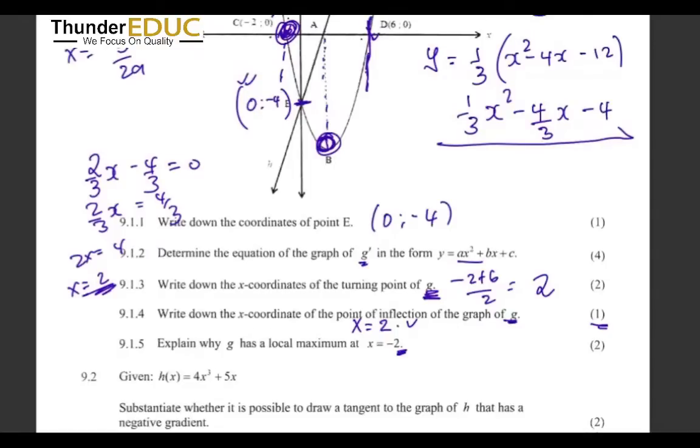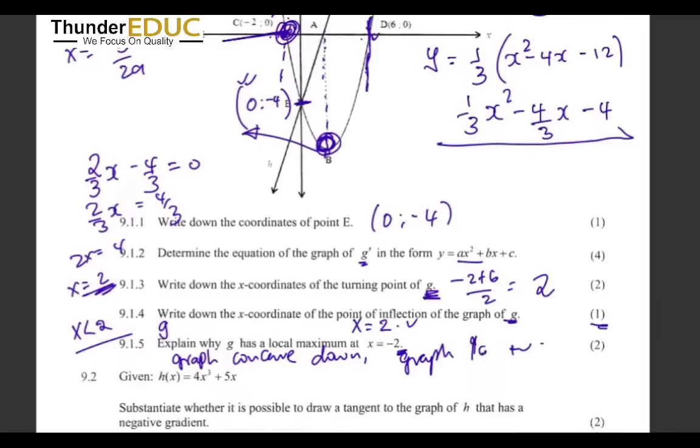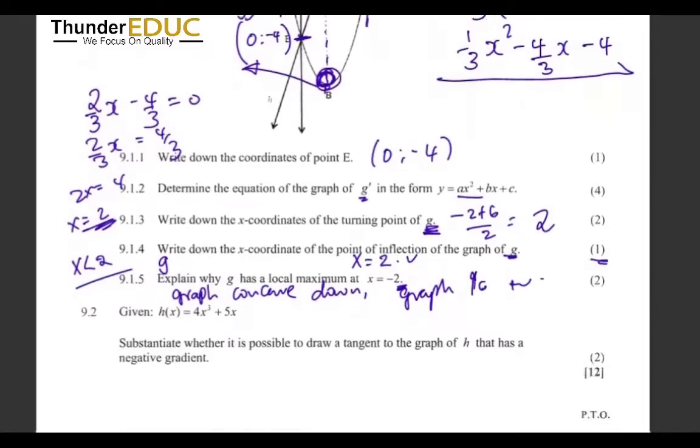The reason is that the graph is concave down between this point and that point, because for the graph to be concave down, x must be less than 2. And we can see that in this direction, x is less than 2. So we're going to say that the graph is concave down, and on top of that, we can see that the graph increases to the left. So that is what we would have said under 9.1.5.